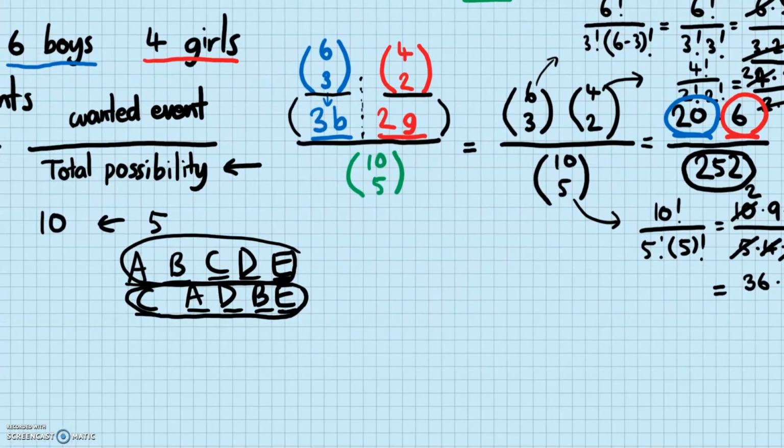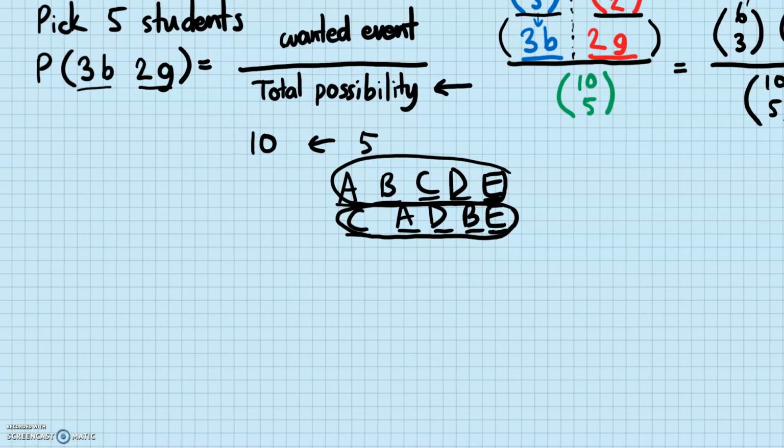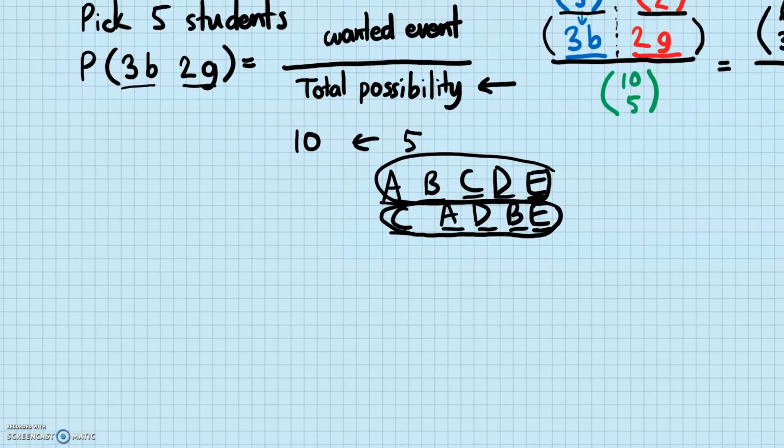And just to analyze this situation further, let me actually list all the possible ways of choosing boys and girls when you're choosing 5 students. So remember, we had 6 boys and 4 girls. And we can choose 5 people by choosing all 5 boys and no girls.